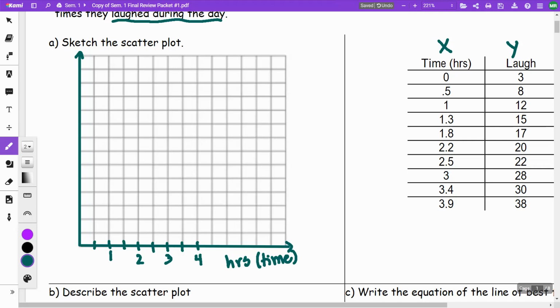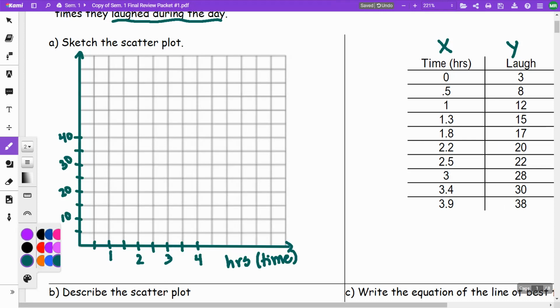The Y is going to be number of laughs, and I need to go up to 38. So I think I'm going to go 5, 10, 15, 20, 25, 30, 35, 40.